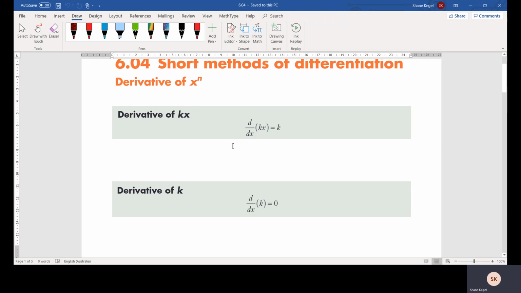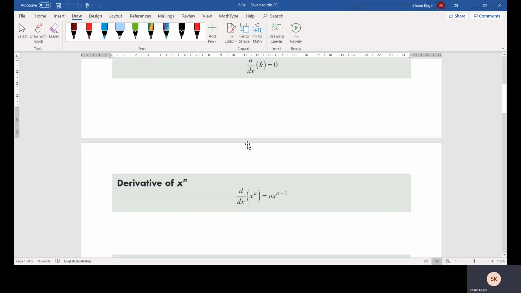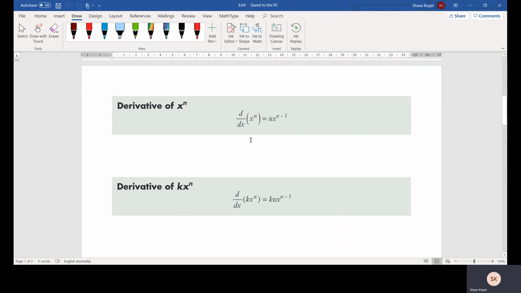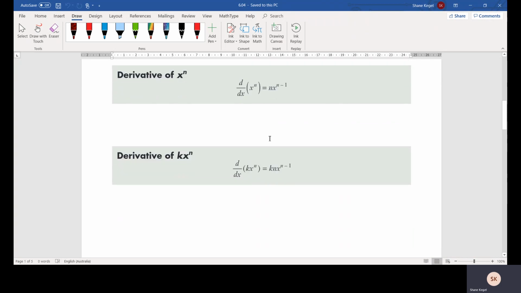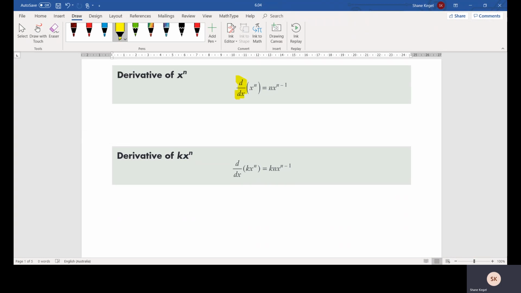I'm not going to touch on these too much because that will become pretty self-explanatory as I work through the examples. But essentially, what we're looking at and how we would understand these rules is that this is saying the derivative with respect to x of this being our function equals this.